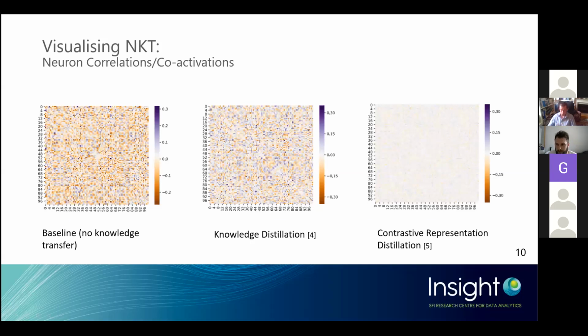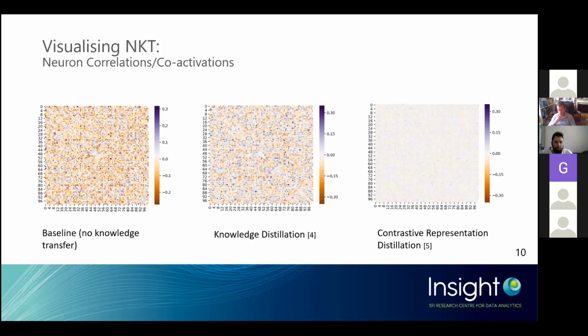Another way that you could visualize knowledge transfer is through neuron co-activations. This is the idea that certain neurons will always fire together, and that there's knowledge contained in these firing patterns. For example, in an image classification task at maybe layer 7, the 5th and the 10th neuron will always fire together, and they'll only fire when they see examples of a car or a sheep.